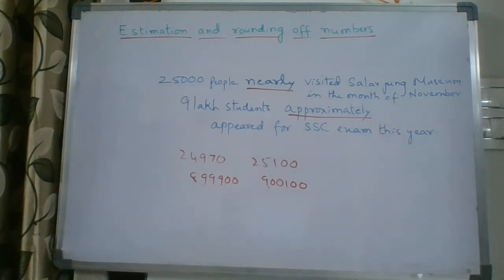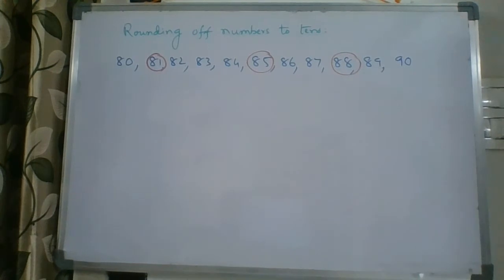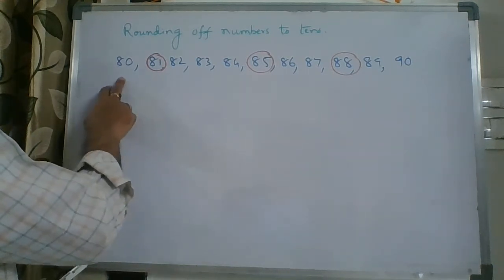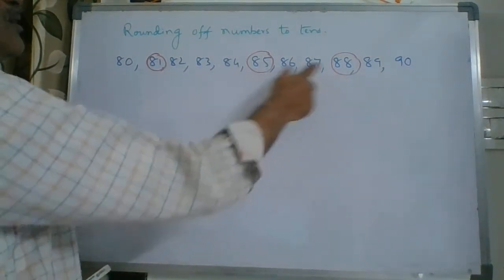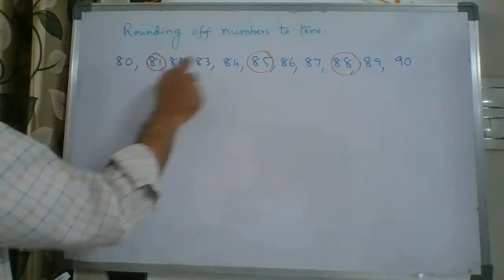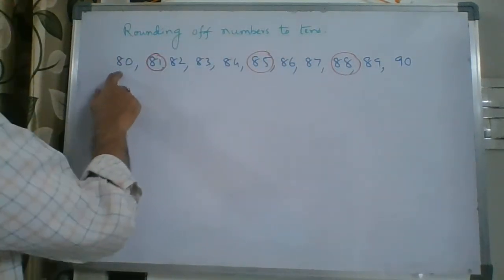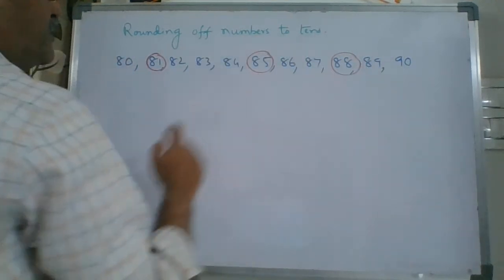Now we'll do a few more examples. Now we'll learn how to round off the numbers to their tens. See, look at these numbers from 80 to 90. We are asked to round off the numbers 81, 85, and 88. So 81, 85, 88 lie between the two tens, that is, 80 and 90, isn't it?